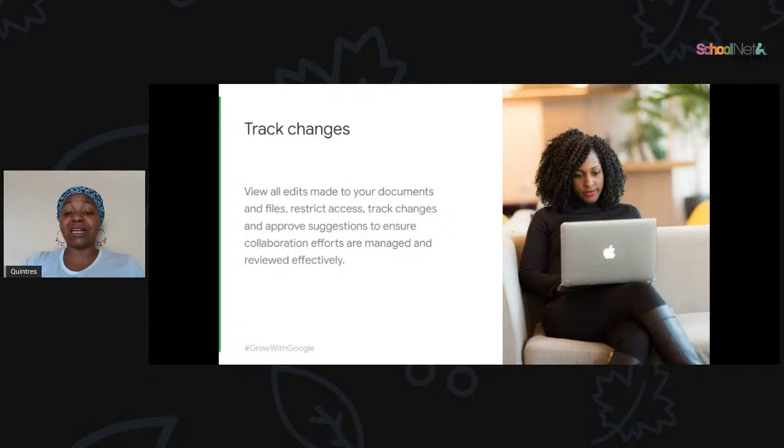Open your file on Google Drive. From your doc, sheet, or slide, select File, Version History, and then you will see the version history, right? But note that you need owner or editor access to the file to be able to do that.